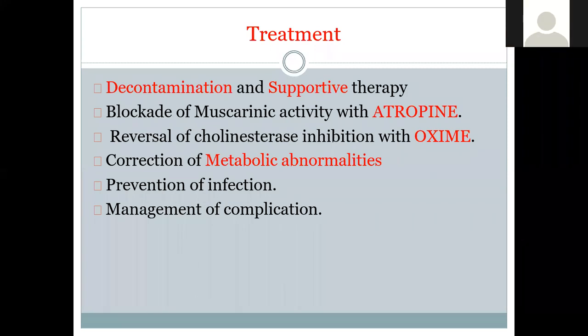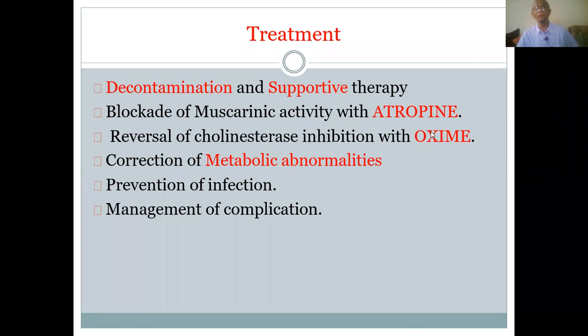You have to block the muscarinic activity with atropine. Atropine is a very important modality of treatment, and as I have already told you, that inhibition is a marked feature. Then reversal of the cholinesterase enzyme with oximes.